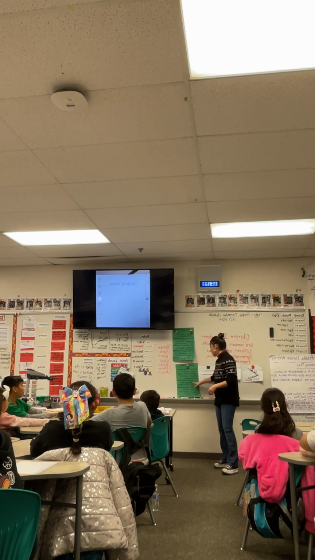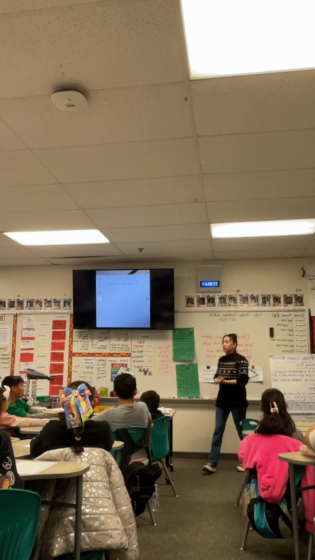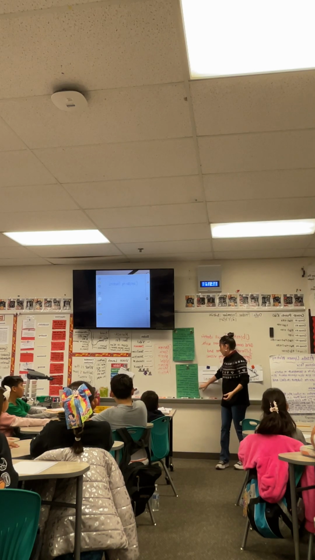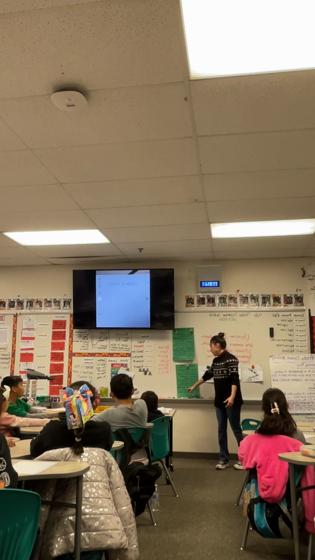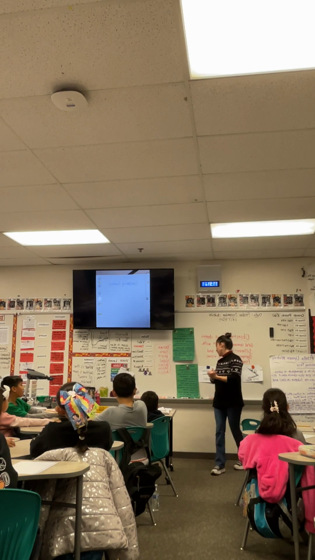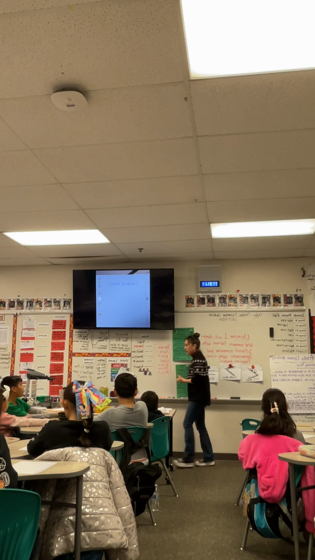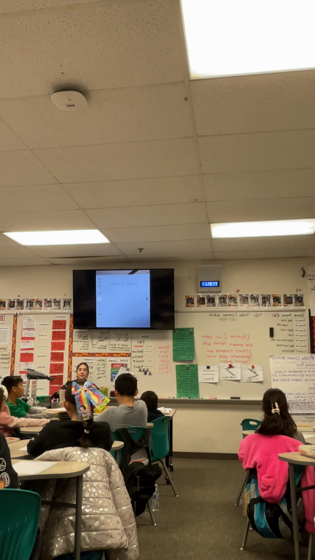We're also going to be comparing the fractions by reasoning about their size using those visual models. Then we're going to be explaining the comparison and justifying the answer, and correctly identify which fraction is greater than, less than, or equal based on the models. Okay, so let's go ahead and jump into our examples.